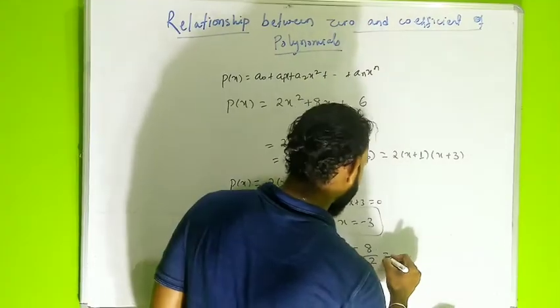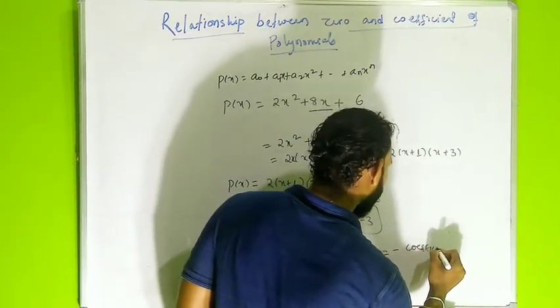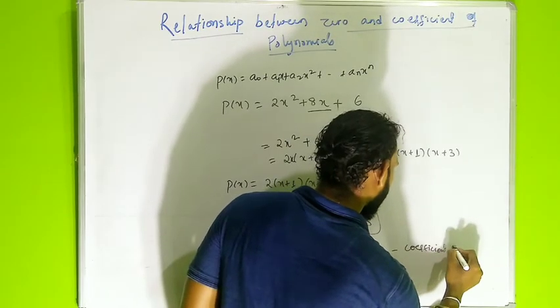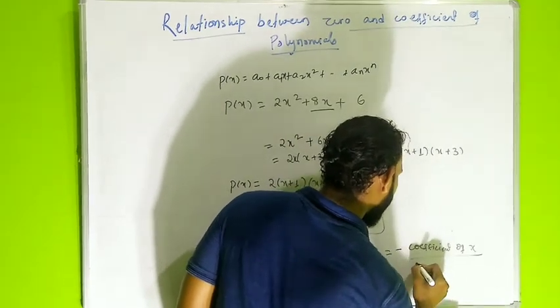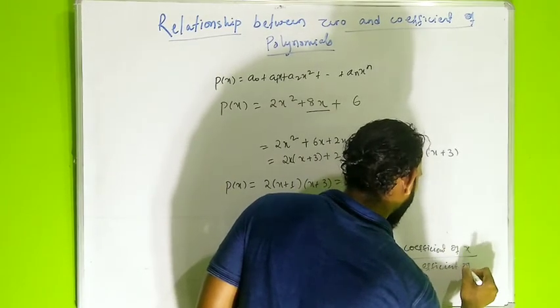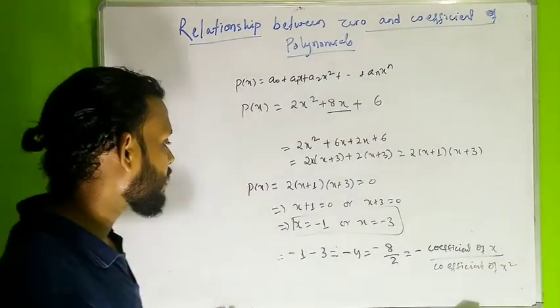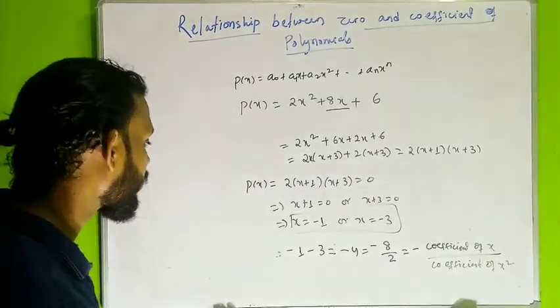That is nothing but minus of the coefficient of x divided by the coefficient of x square.